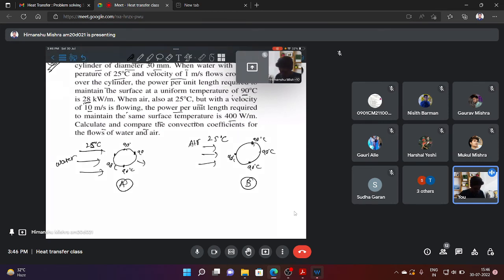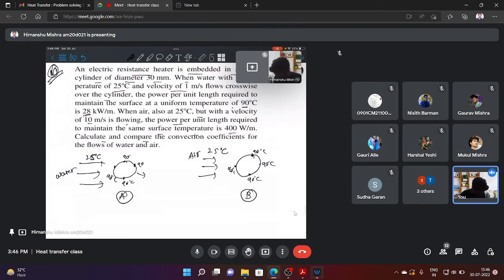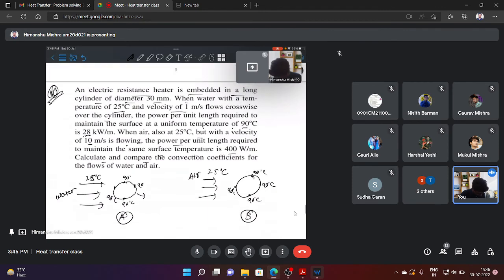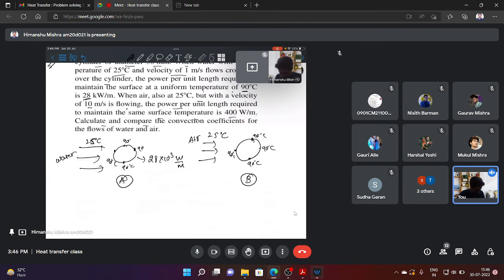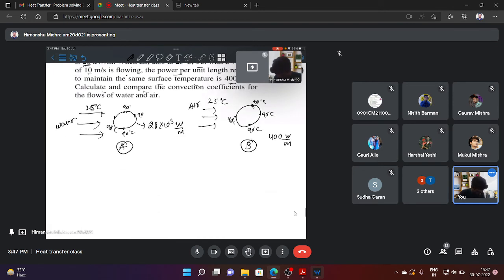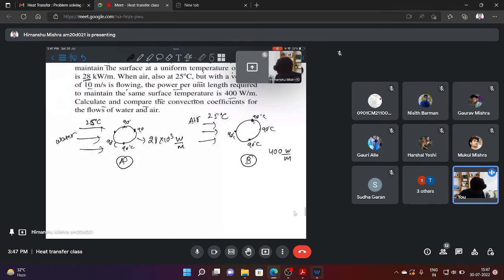So the heat transfer per unit length for case A is given as 28 times 10 to the power 3 watt per meter, and for case B it is given as 400 watt per meter. So we need to calculate the convection coefficient. There will be heat transfer due to convection.